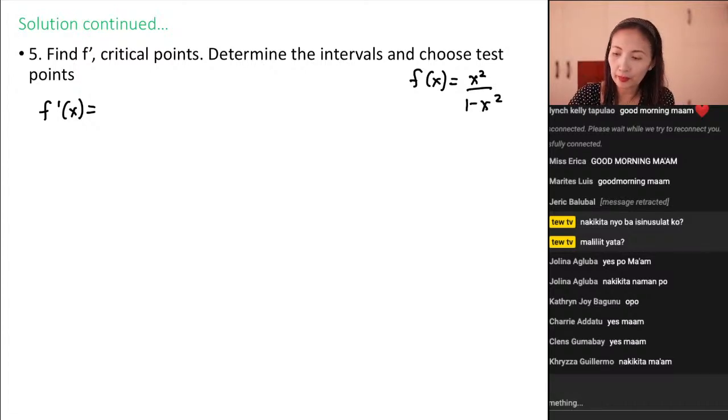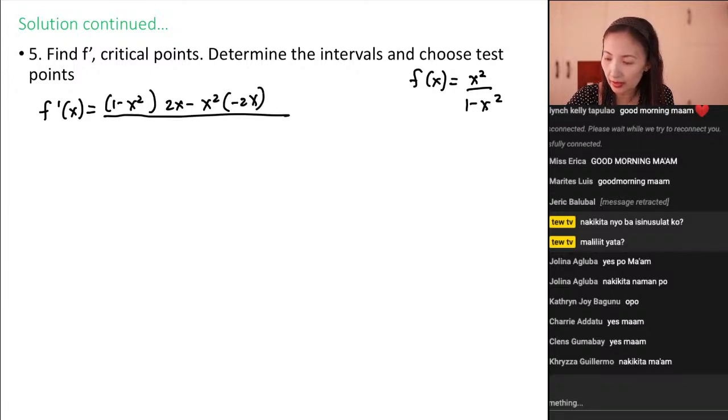So what will f prime be? This is a quotient. So applying quotient rule, 1 minus x squared times 2x minus x squared times negative 2x. Derivative of the denominator all over the square of the denominator, which is 1 minus x squared.